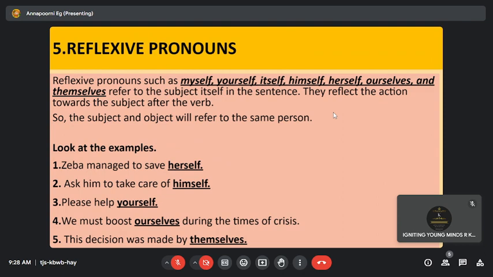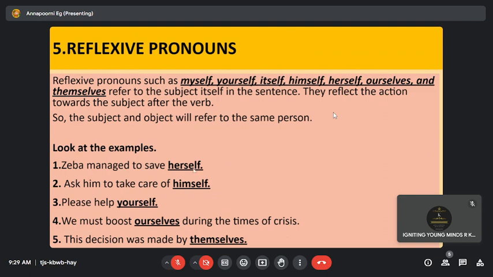I'm telling this to someone. It means you please help yourself. This is an imperative sentence. That is why you can't see a subject here. Imperative sentences में subject hidden है ना, इसलिए you is there, but we cannot see that here. हम ऐसे नहीं बोलते हैं. Please help yourself. So you and yourself are the same person.